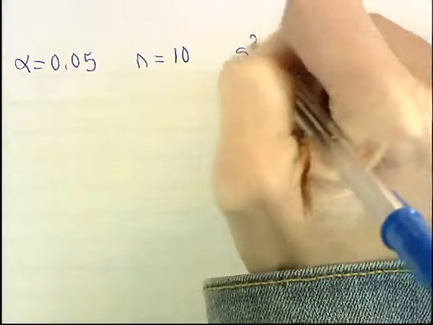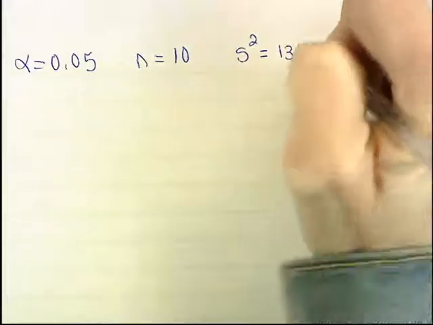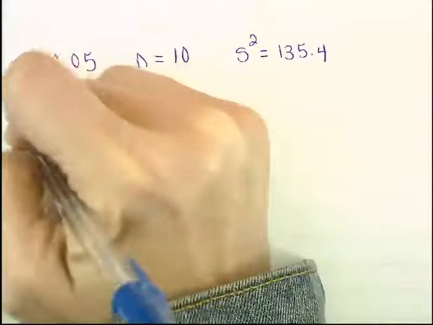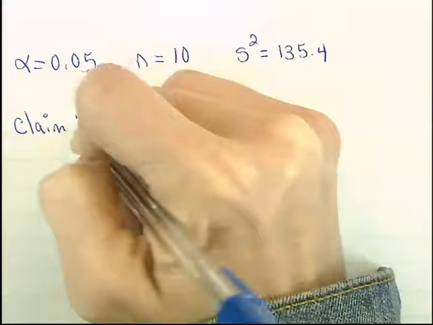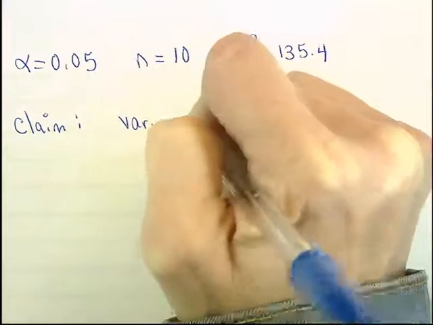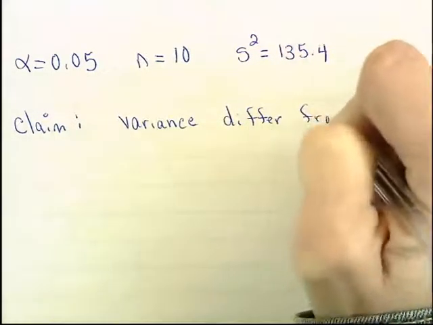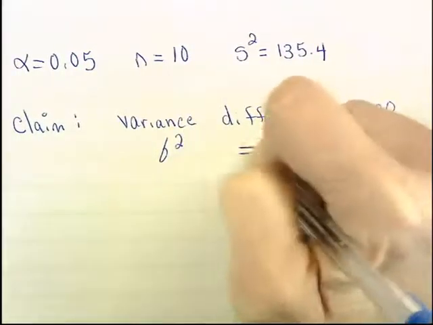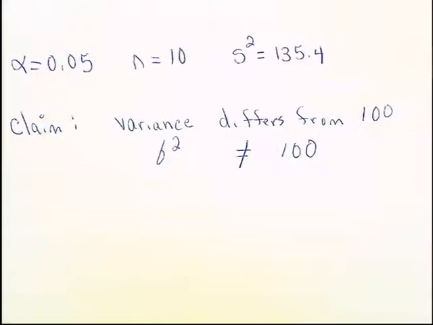We just found that our sample variance is 135.4. And the claim, is there significant evidence to verify that the variance differs from 100? Variance is sigma squared. Differs means no longer equal to. So that's what we're testing.